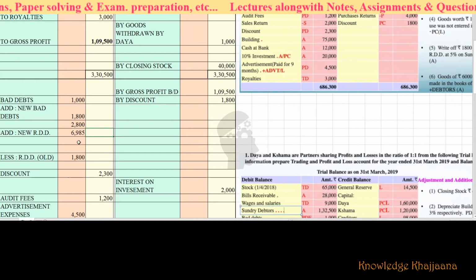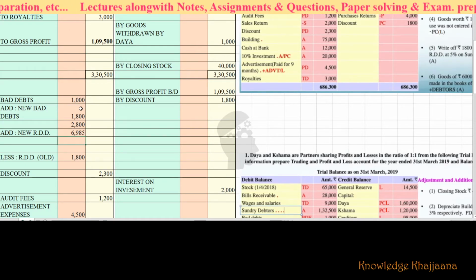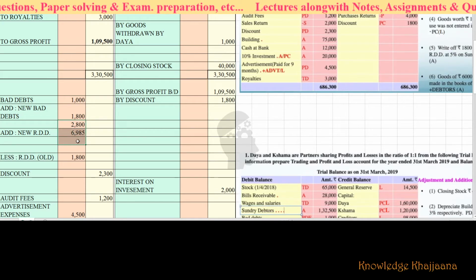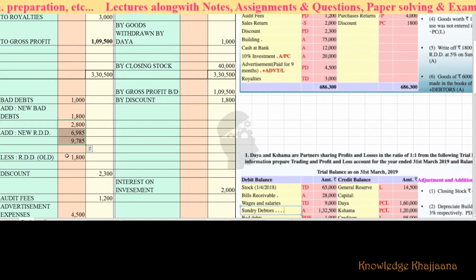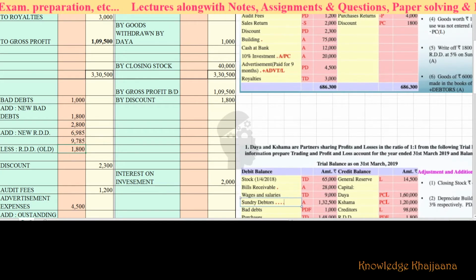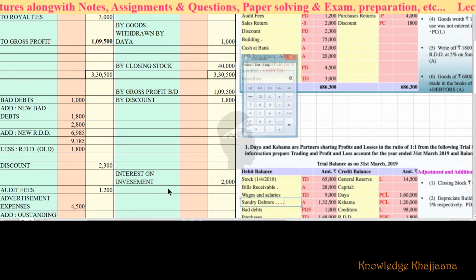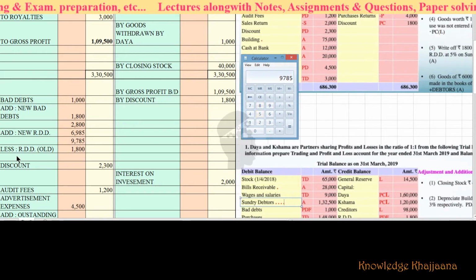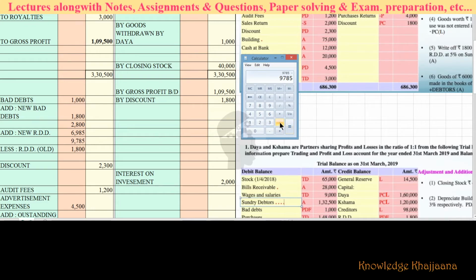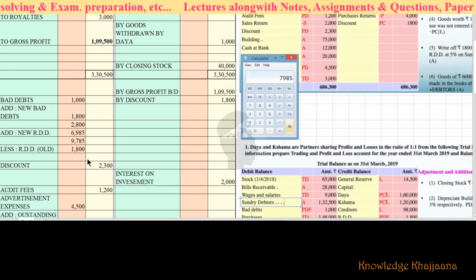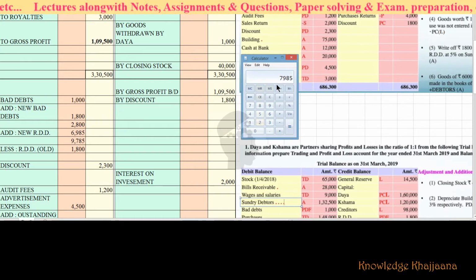This amount will come over here, and this 1,800 will get deducted from 9,785: less old RDD, minus 1,800 is equal to 7,985.